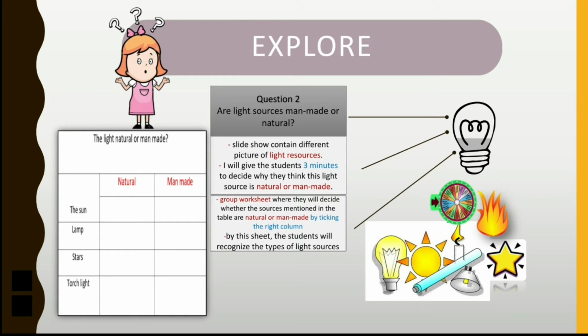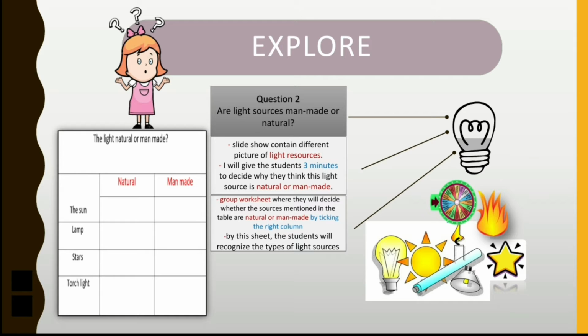This activity is about whether the light is natural or man-made. This activity contains 2 columns. The first column is natural sources and the second column is man-made sources.